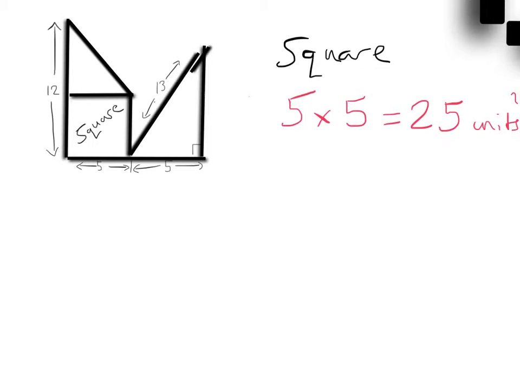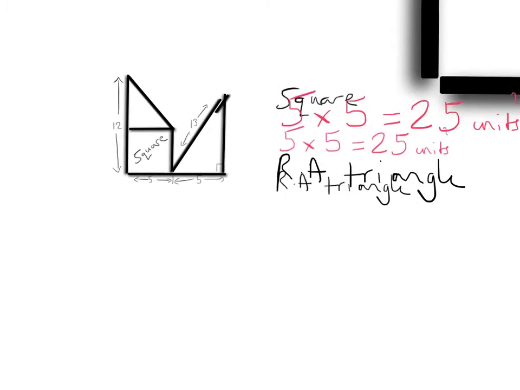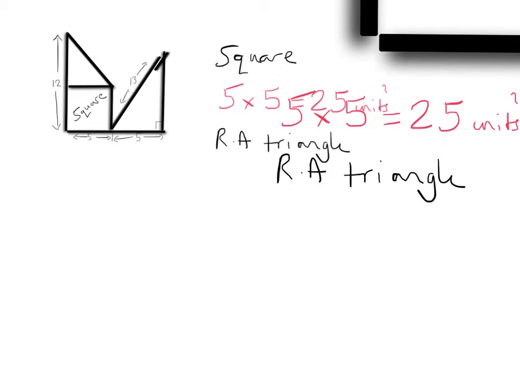Let's move on. Let's look at the right angled triangle. With the right angled triangle, do it in blue, let me ask you, what are we going to use? Hopefully you've all instantly said Pythagoras' theorem, and you'll be right because it's a right angled triangle, as we can see there.